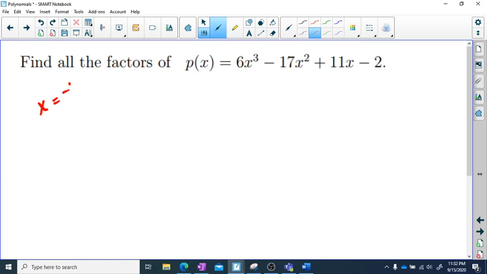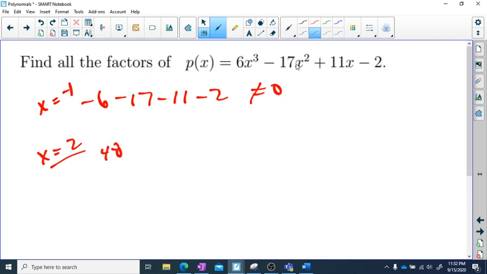Let's try negative 1. Negative 1 cubed is negative 1 times 6, so negative 6. That'll give me positive 1, so minus 17. That's not going to work. Minus 11, minus 2 doesn't work. 1 doesn't work either, so let's try 2. 2 cubed is 8 times 6 is 48. 2 squared is 4 times negative 17 is negative 68. 11 times 2 is a positive 22 and a minus 2.